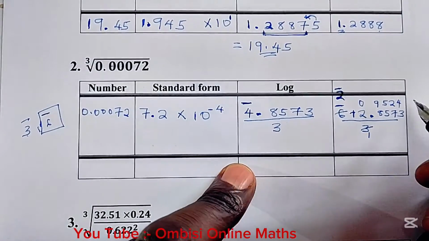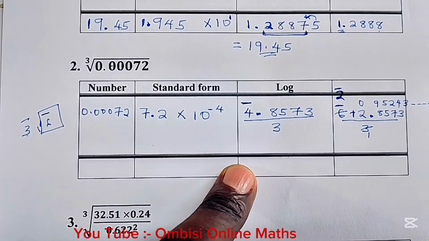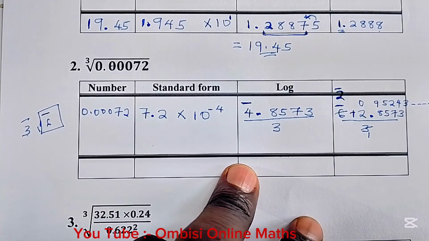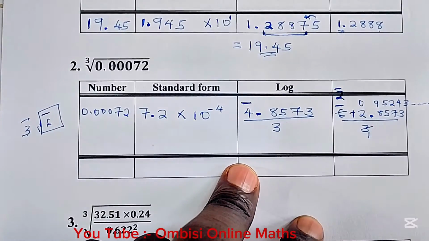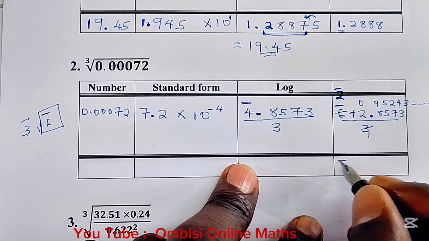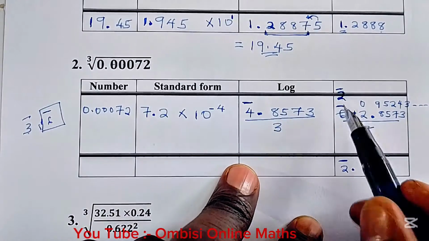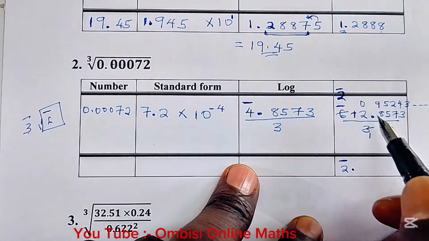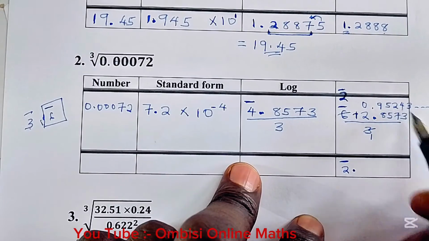Then carry 1 into 10, it is 3, so it is 3, 3, 3 recurring. Now, in this particular scenario, we only add the characteristics, so it is bar 2 plus 0, it is bar 2 point 9524.